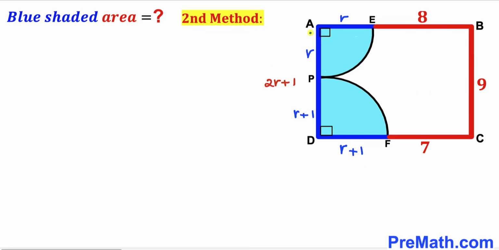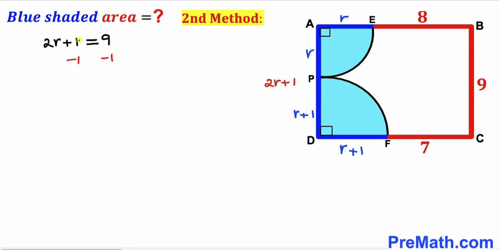Now we can see that this side AD length is equal to this side BC length. We know this length is 2 times r plus 1, and this is equal to 9. So we can equate them. So therefore we can write 2 times lowercase r plus 1 equals 9.